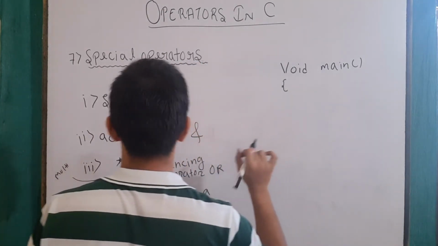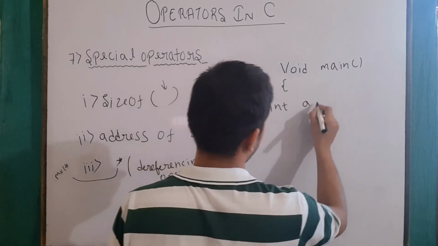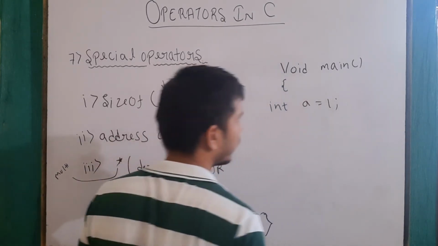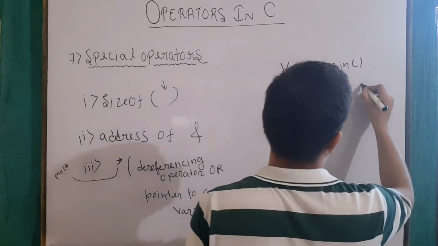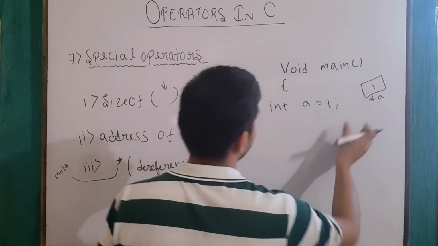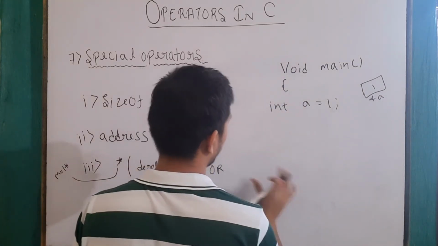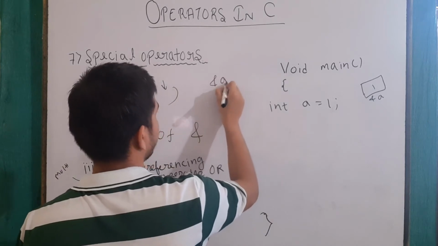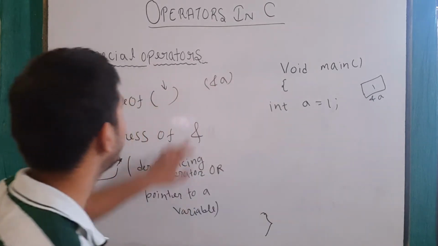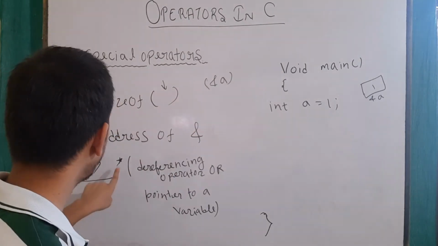Okay, now let's say I am defining a variable int a = 1. Some memory location will be allocated to it, right, which we can tell using &a. Now suppose I am given any address and I want to know what value is present at that address. Then I will use the asterisk.